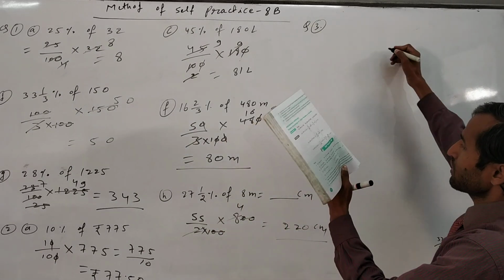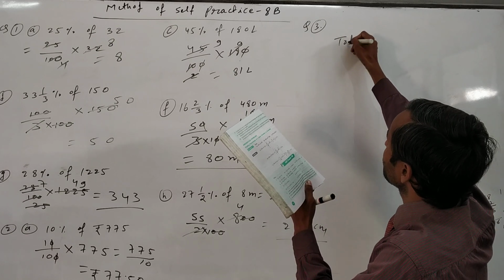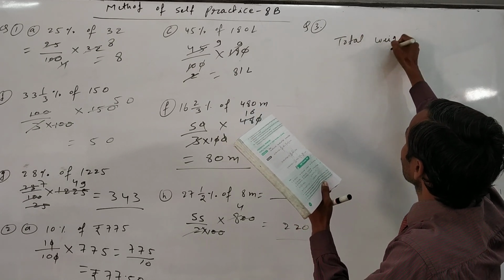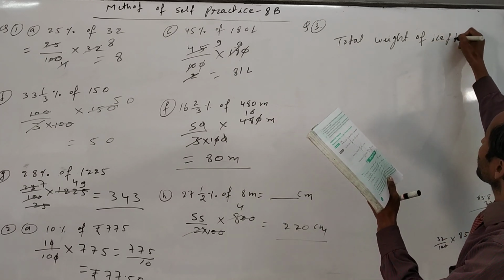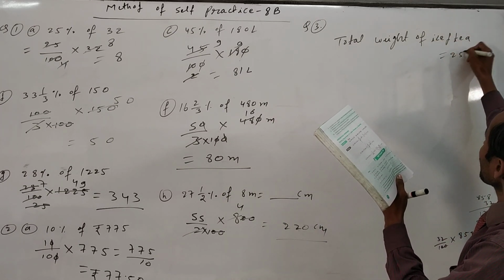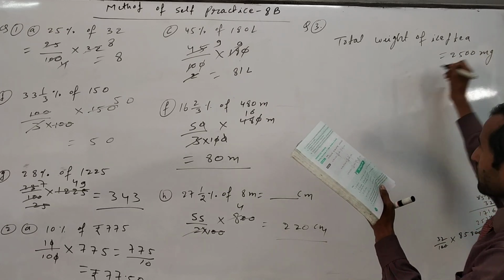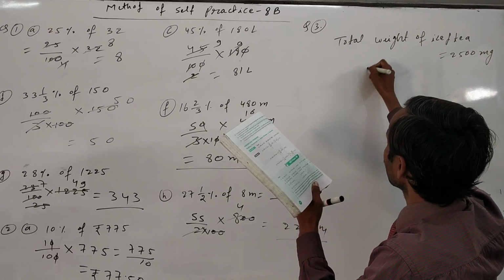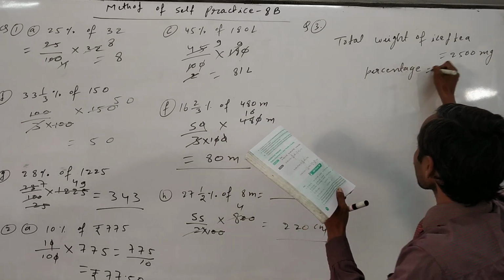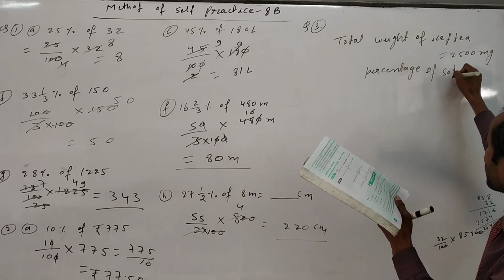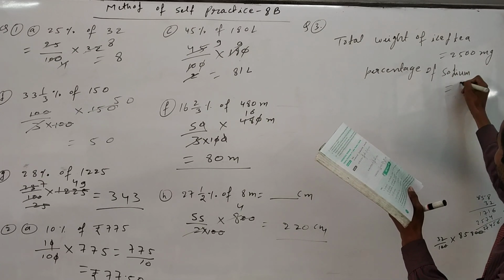So the total is 2500 milligram, and the percentage of sodium is given as 4%.